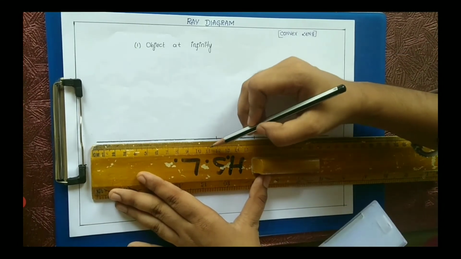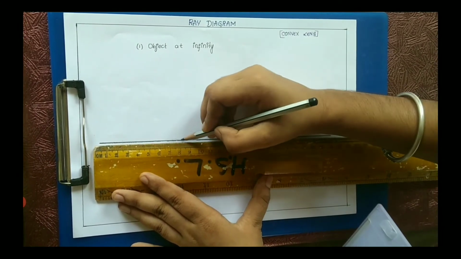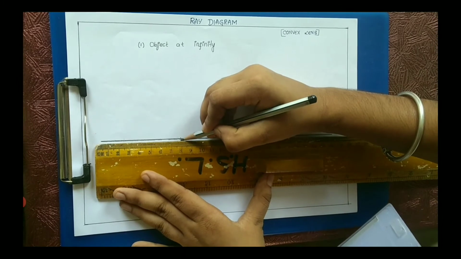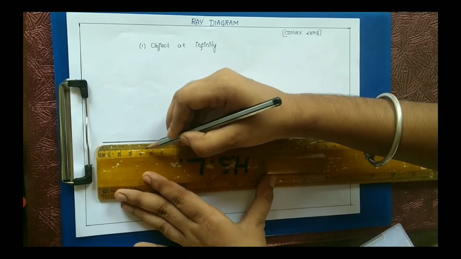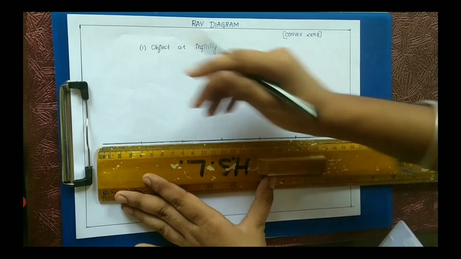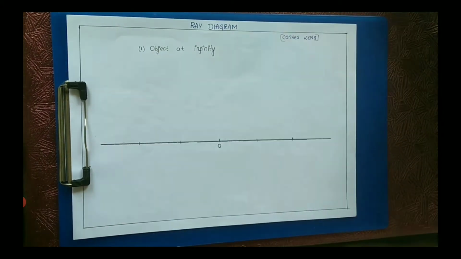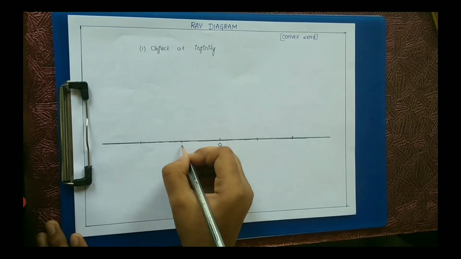Again 1, 2, 3, 4, mark one point here. Then 1, 2, 3, 4. So you got 4 points, that is, 2 points on both sides of the optic center.